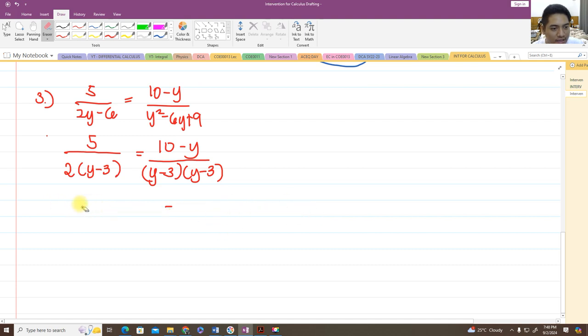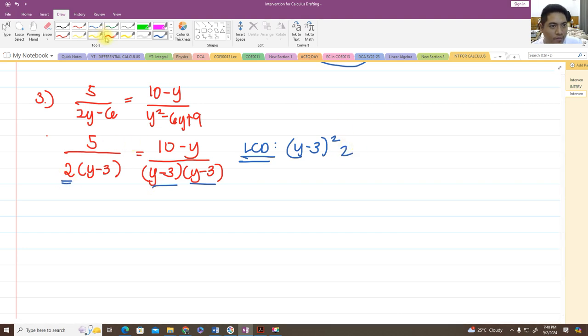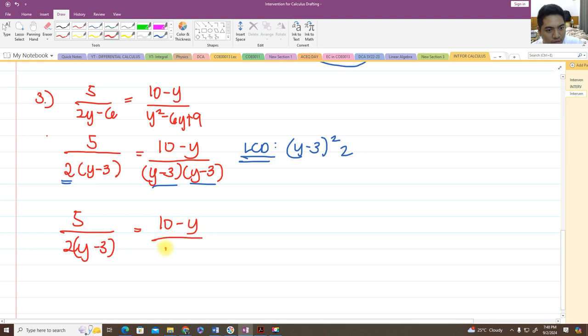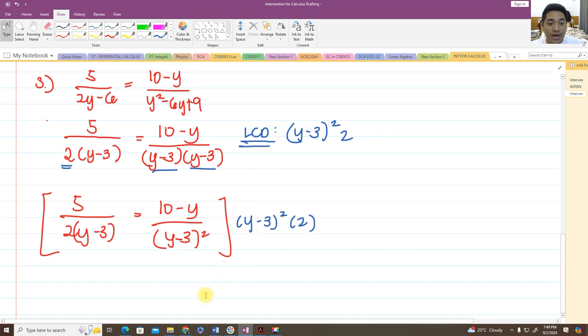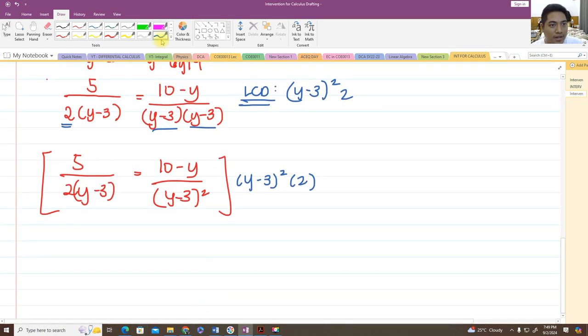The LCD here would be (y minus 3) squared, of course, and then the 2. So 5 all over 2(y minus 3) equals 10 minus y all over (y minus 3) squared, multiplied by the LCD. We only cross multiply if they have unique denominators. But if they have a common one, we need to find the LCD.